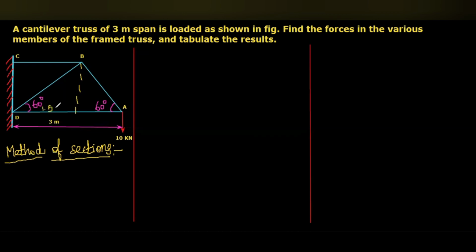So this side 1.5 meter, this side 1.5 meters, because it is an equilateral triangle. And one more thing, this point I'm going to consider for our reference E. Actually, guys, BE is not a member. I just drew it as a vertical line. So this distance BE is also needed, so it's better first to calculate the distance BE.